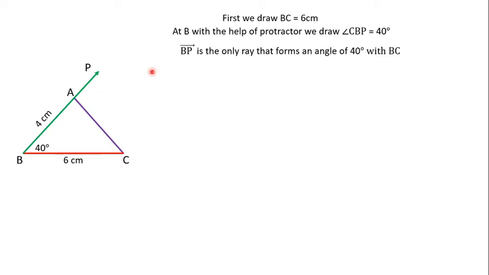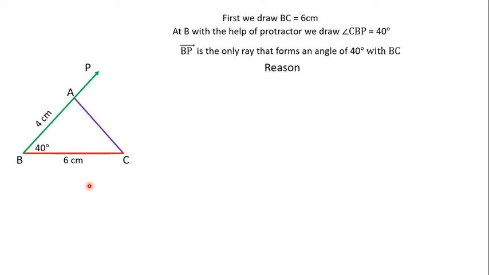And the ray BP, see, this is called the ray BP, is the only ray that forms an angle of 40 degrees with the line segment BC. Do you know the reason for this?